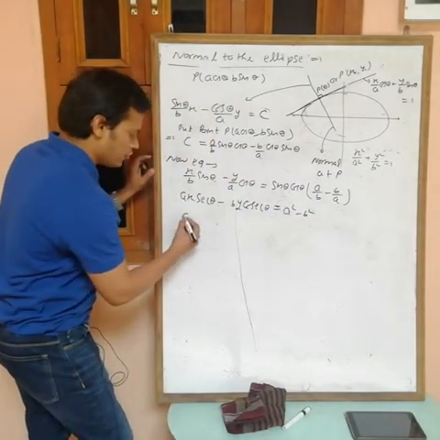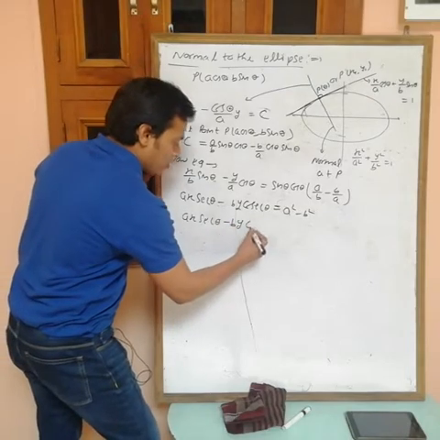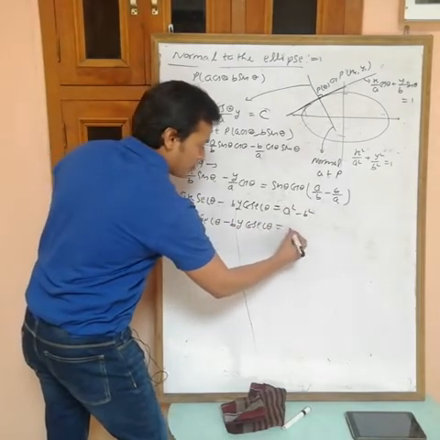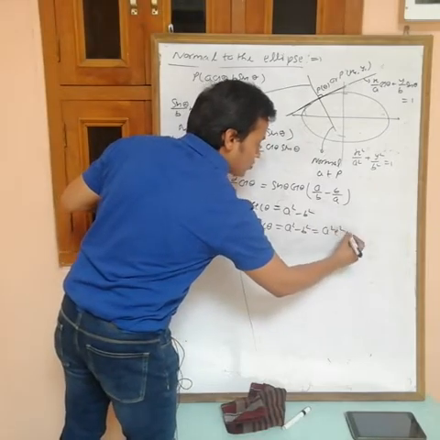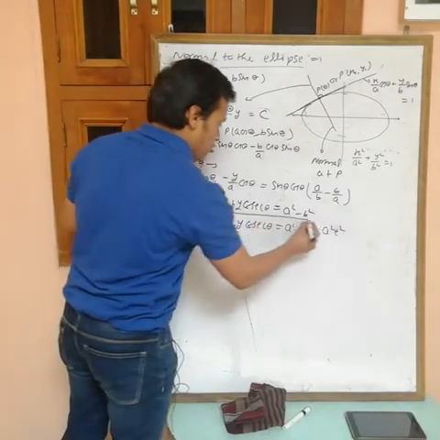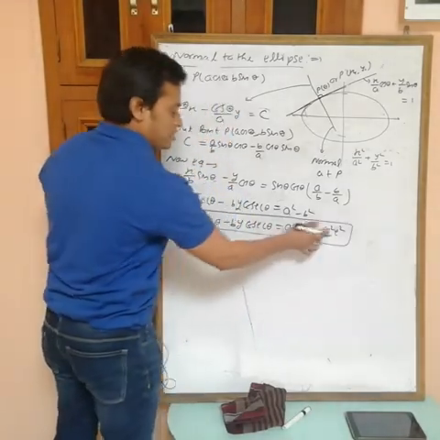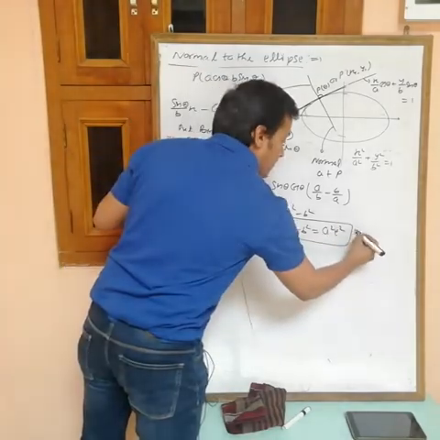So the equation of normal is ax sec theta minus by cosec theta equals a square minus b square, or a square e square, because this is the value of a square minus b square. You can use anything out of these two. This is the equation of normal, remember.